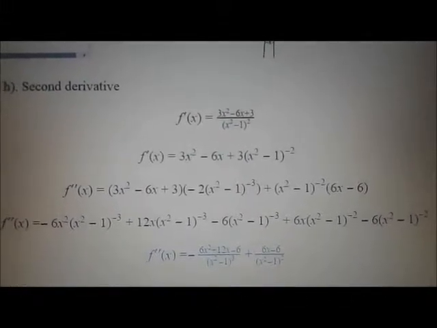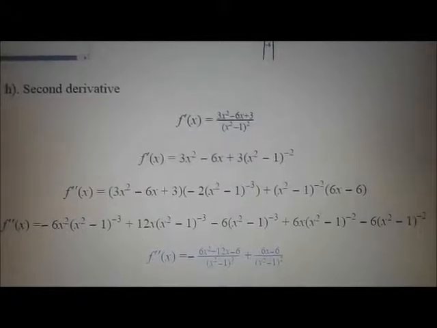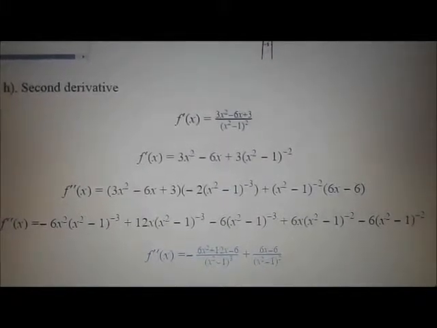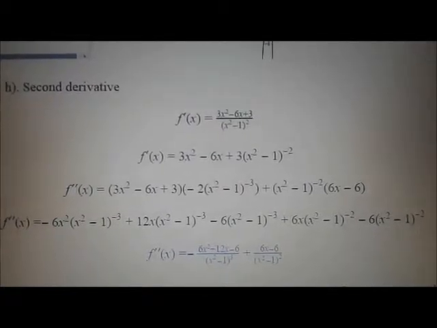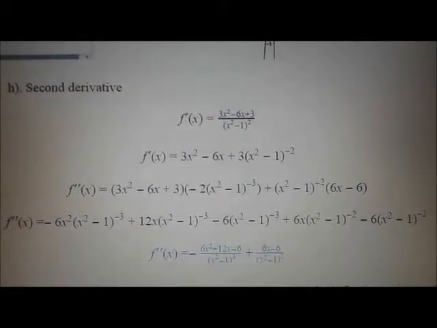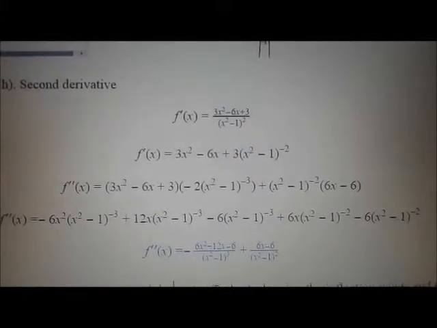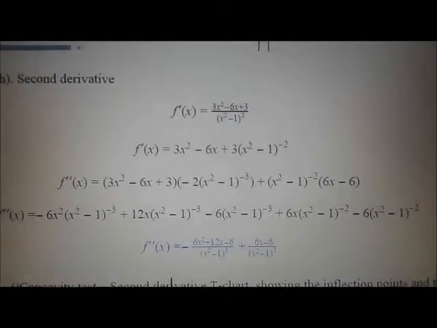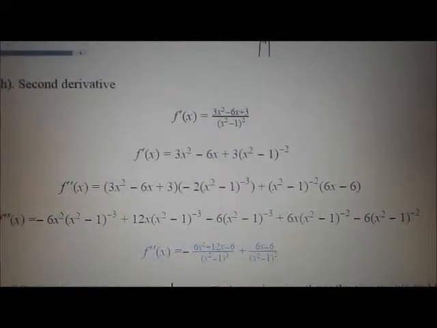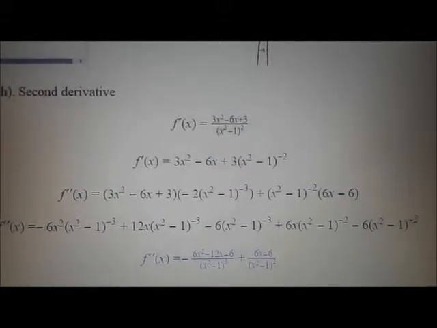So our second derivative is equal to (−6x² + 12x − 6) divided by (x² − 1)³ plus (6x − 6) divided by (x² − 1)².